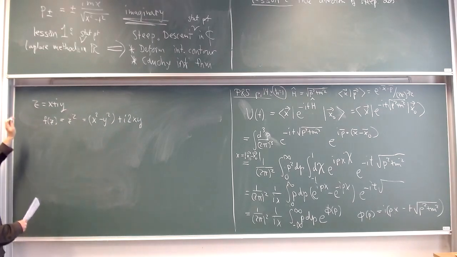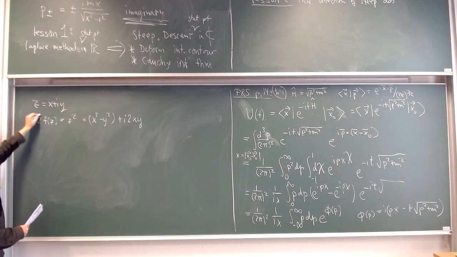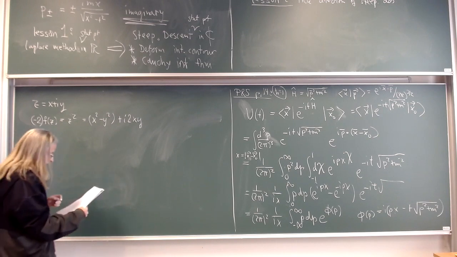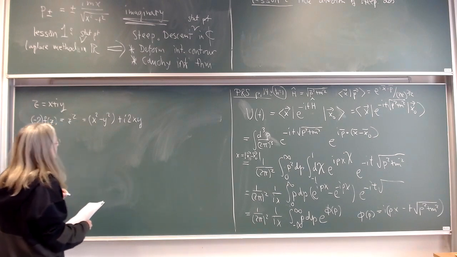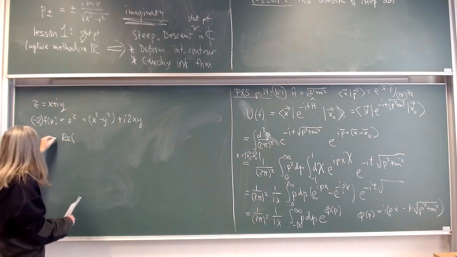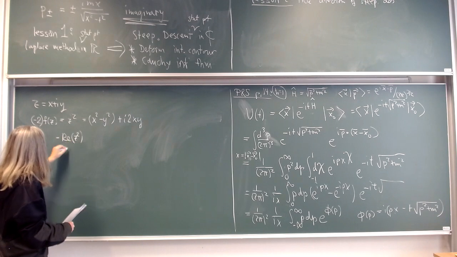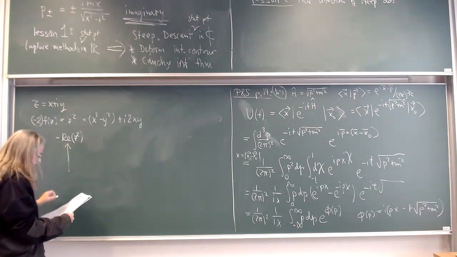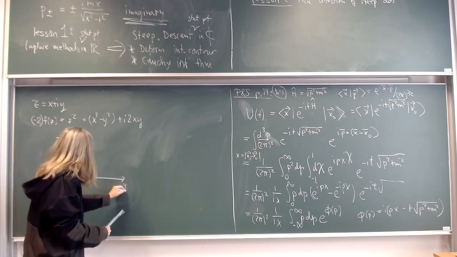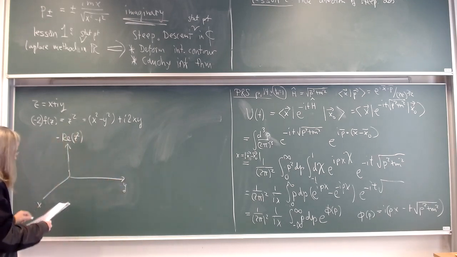And then for some reason I like to put in a normalization of -2 in front, but it's still just a quadratic. Now let me plot minus the real part of z squared. So here we have y, x.